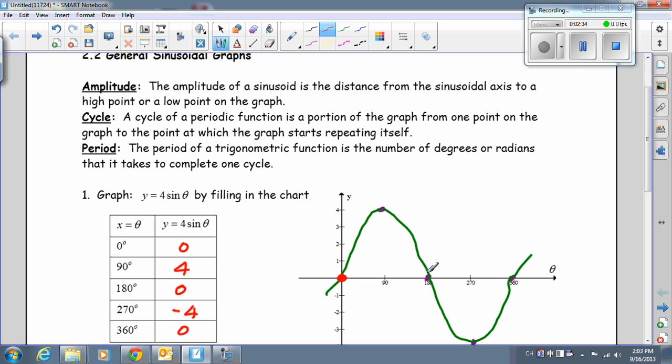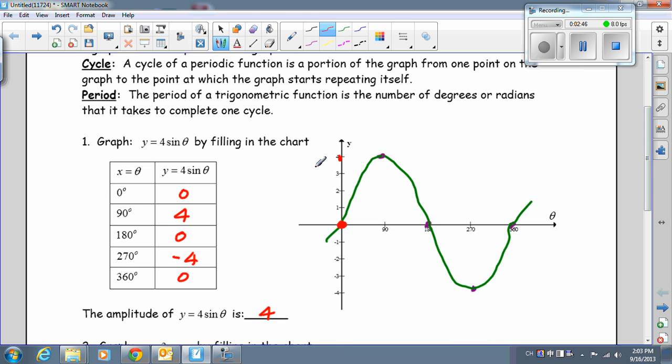In this specific example, the x-axis is your sinusoidal line, and this is your highest point at 4 or at negative 4. Therefore, this distance represents your amplitude. Usually we call it A as well. So your amplitude is 4.